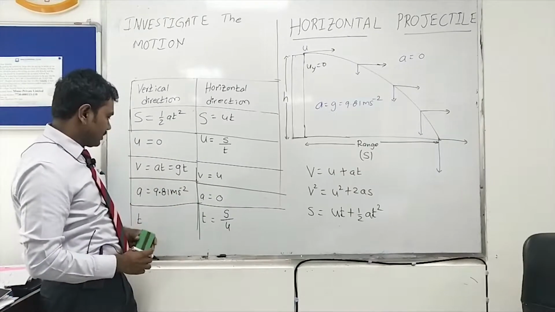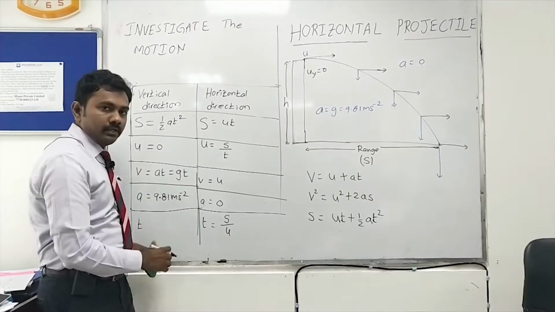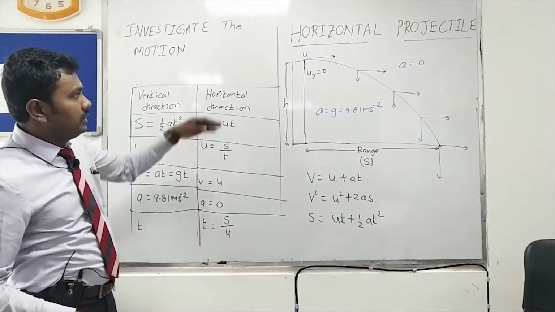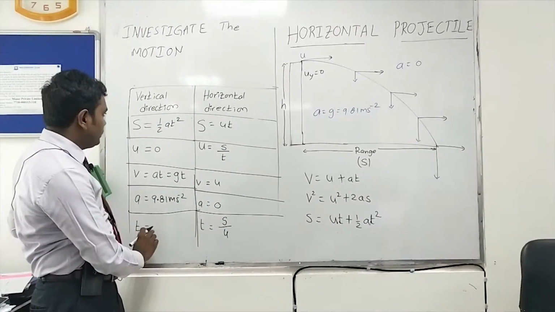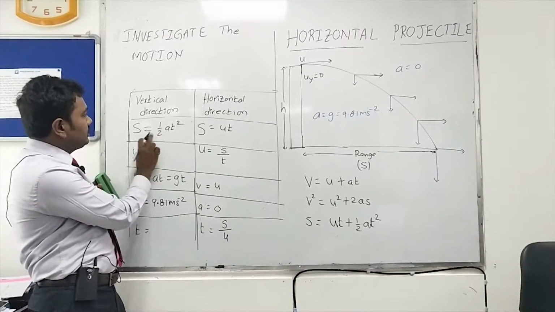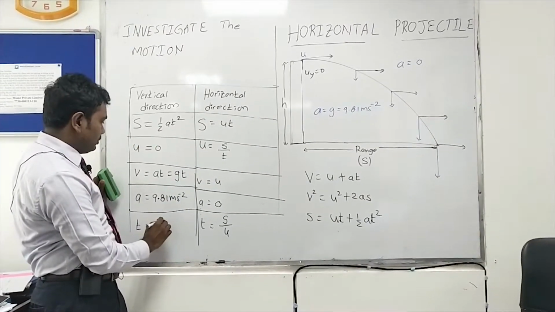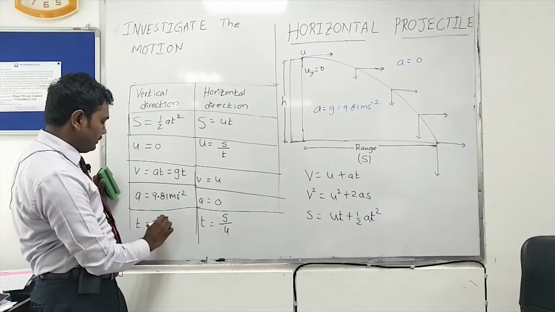Now, finally, we shall look at the time taken for the projectile in the vertical direction. By rearranging this formula, t equals the square root of 2s divided by a.